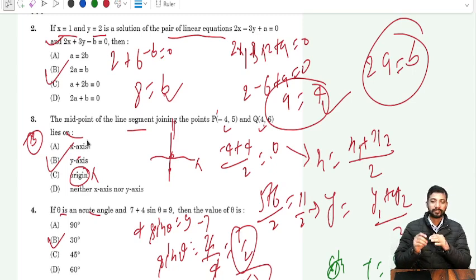So solve previous year question papers, download them from the CBSE official site, solve them, and if you have any doubt or confusion, do comment. I will solve the question in a separate video and help you.